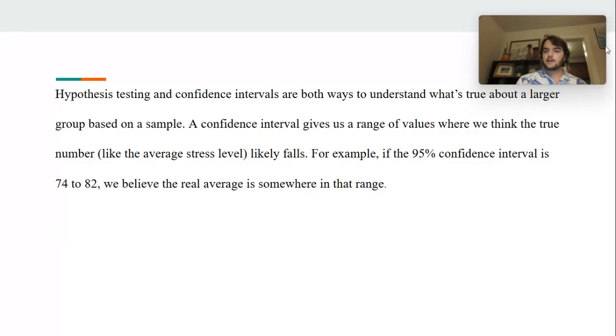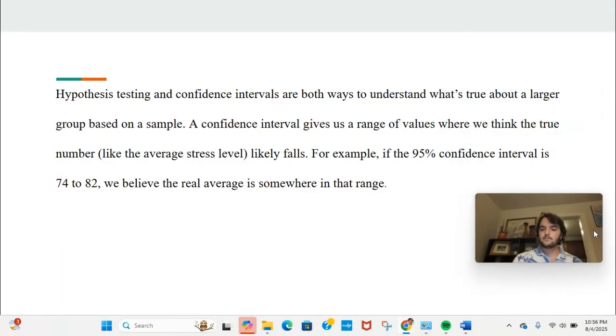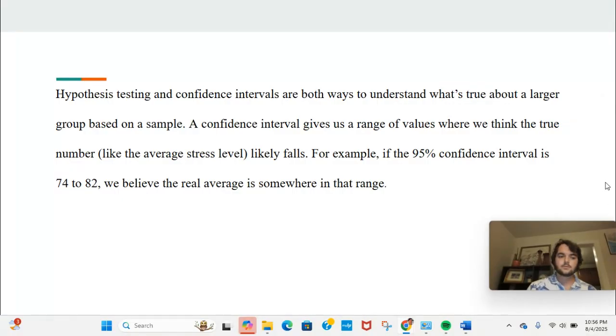In my homework we had to write a couple of paragraphs, and so I just decided to include these to piggyback off what I was saying earlier. Hypothesis testing and intervals are both ways to understand what's true about a larger group based on a sample.